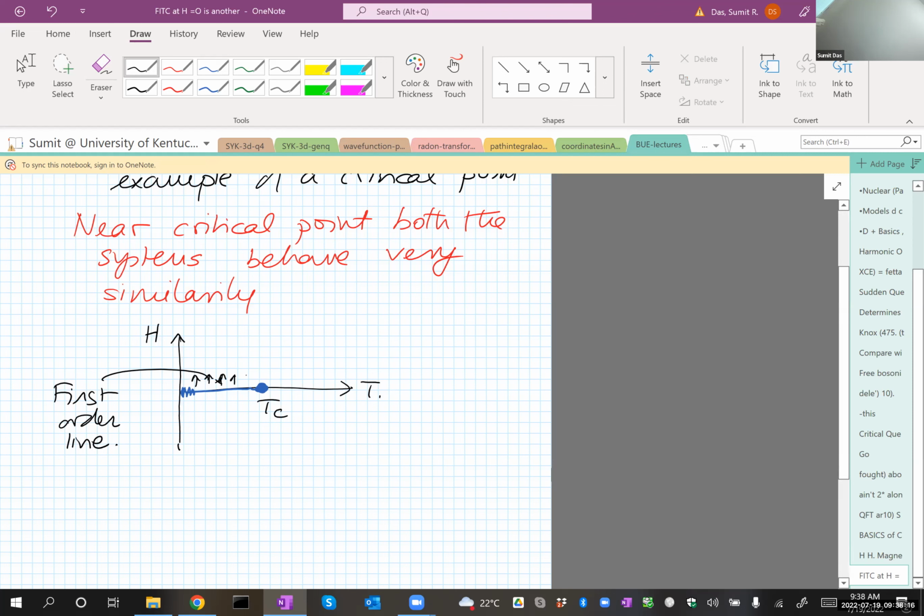When H is not equal to 0, you need to add terms which break the symmetry. And of course, the simplest term which will break the symmetry is a term like the magnetic field, which I'll call small h, or you can call it capital H, doesn't matter, times m. So let me add this, some h times m.